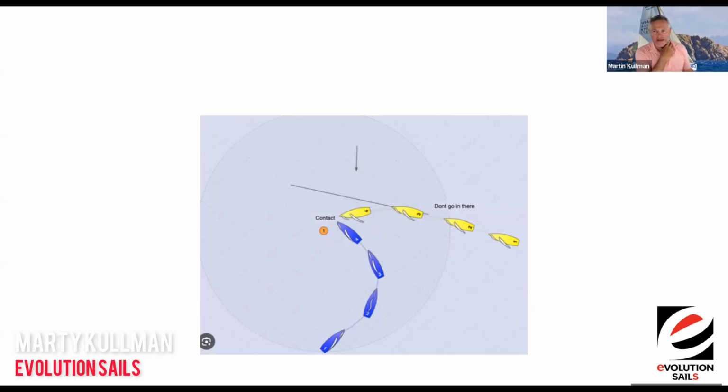And again, it can be a conversation with the person protesting you, right? Saying, hey, I've reviewed it. We feel pretty strong that we tacked. We sailed for another 30 seconds, which puts us at 3.5 boat lengths. I'm happy to share that with you, and I think that's the way that we should handle these situations.